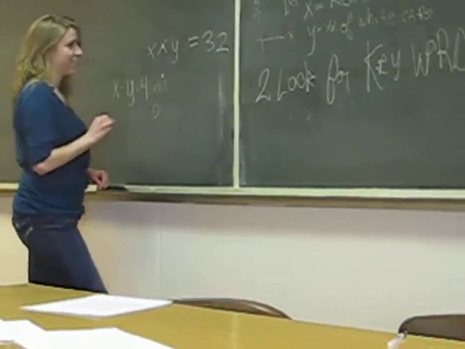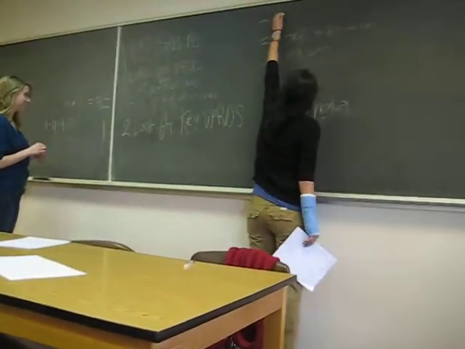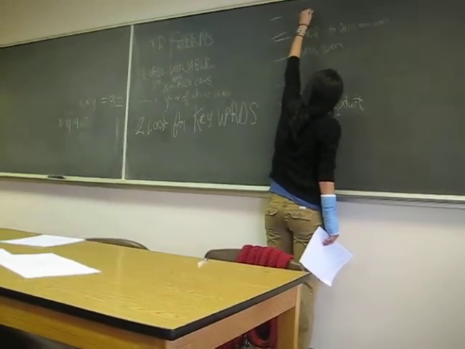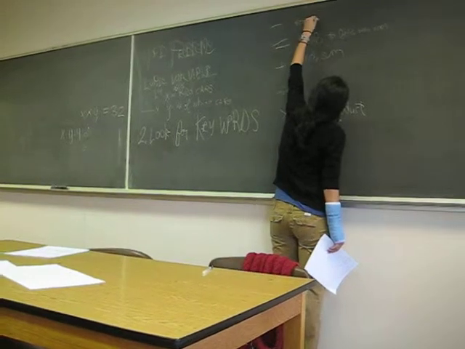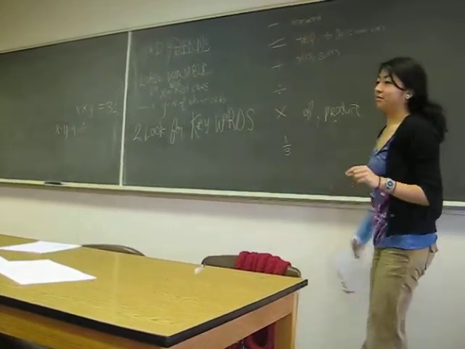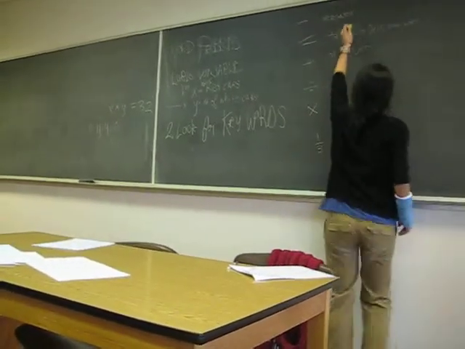Nice. So what would decreased indicate? A minus sign. Good. Thank you, Haley. Are there any other words you guys can think of that would indicate a minus? Less. Yeah, absolutely.